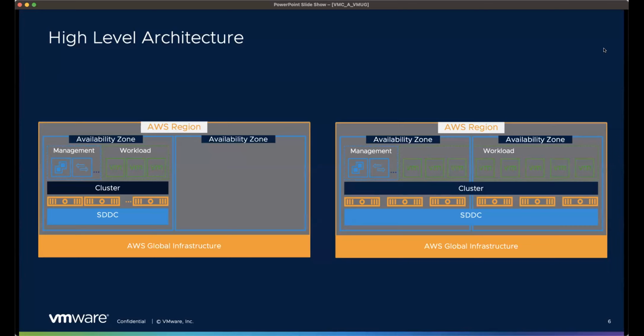Stretched SDDCs are stretched across two availability zones, with a vSAN witness being placed in the third availability zone. Now, each SDDC is made up of at least one cluster. Each cluster has at least two hosts, right? So the smallest possible SDDC would be a 2-node VMC SDDC.